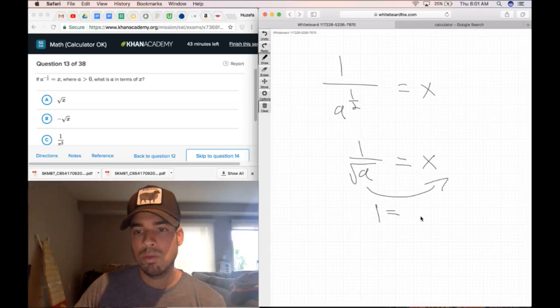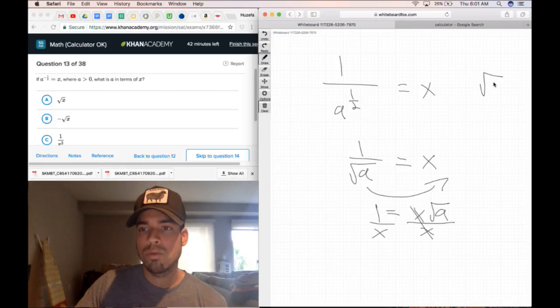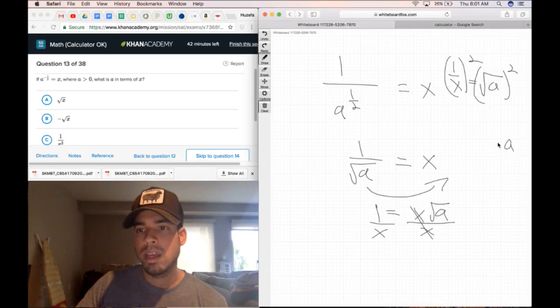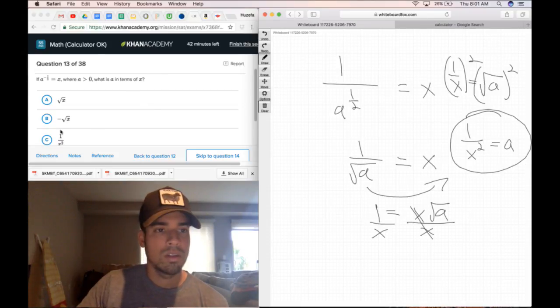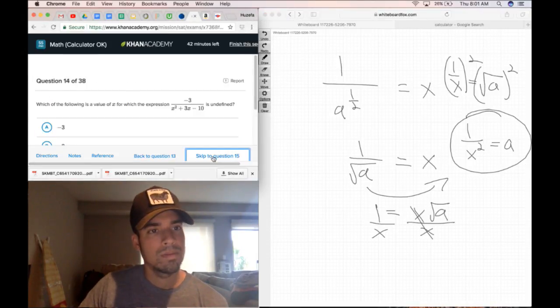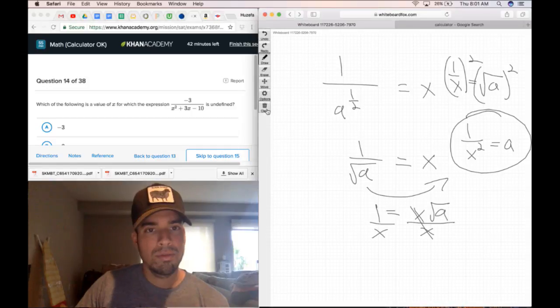We get 1 equals x square root a. Divide both sides by x, and we get the square root of a equals 1 over x. Then I'm going to square both sides to get rid of that square root, and we get a equals 1 over x squared.